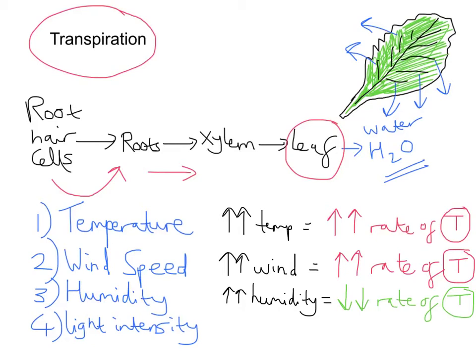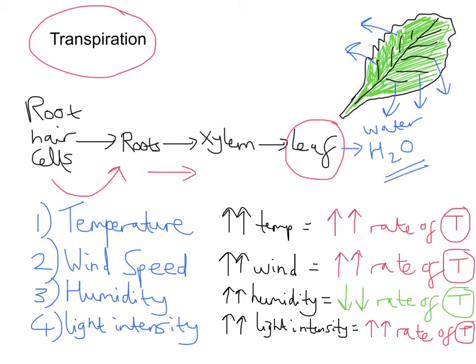And finally, let's look at light intensity. Well, if we increase the light intensity, as I've already said, that would increase the rate of transpiration. In high light intensity, a plant can photosynthesize quicker.